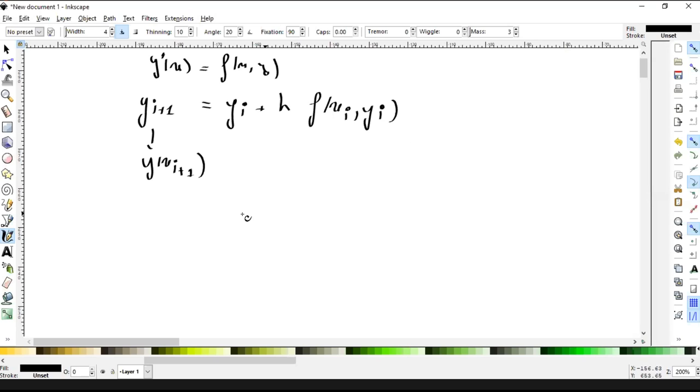And you can also derive it from the left rectangle corner by converting the derivative into an integral.